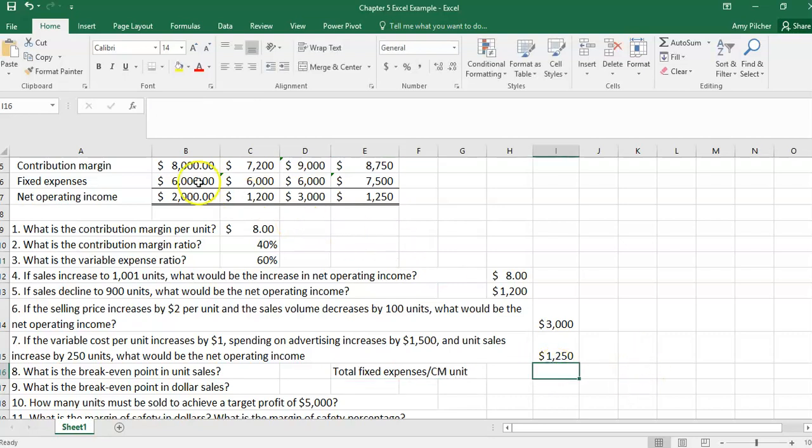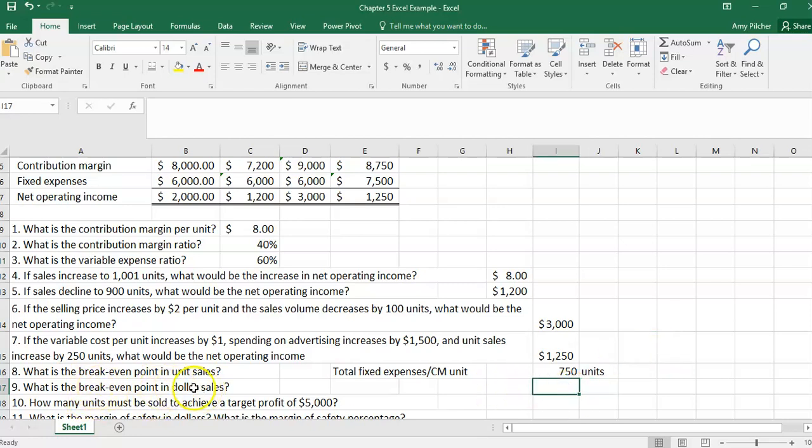Our total fixed expenses are $6,000 and our contribution margin per unit is $8. We calculated that in part 1. So our break-even point in units is 750 units. At 750 units, we have net operating income of 0.